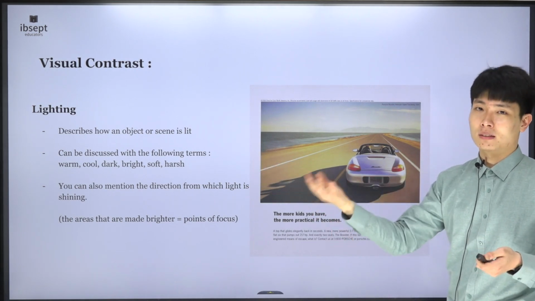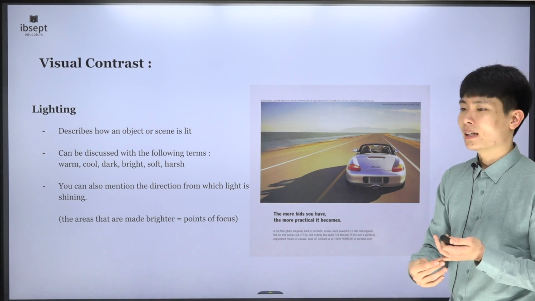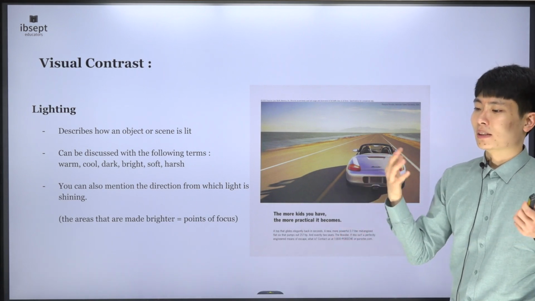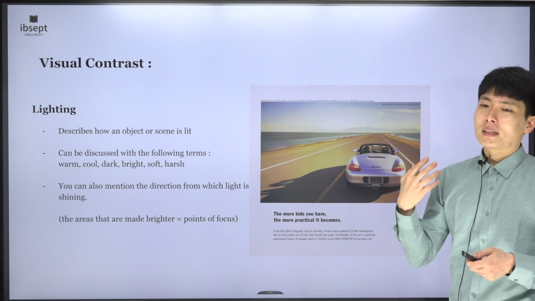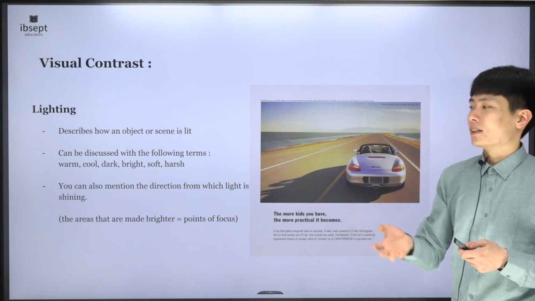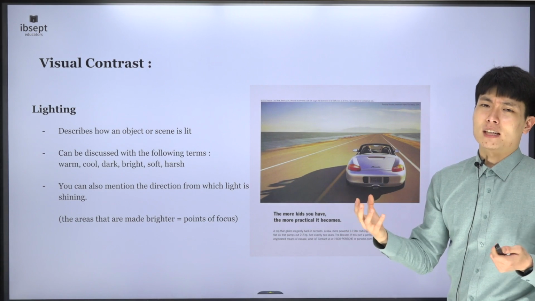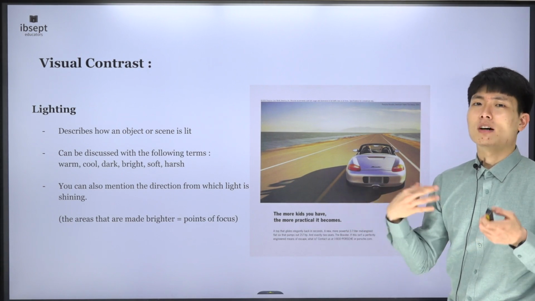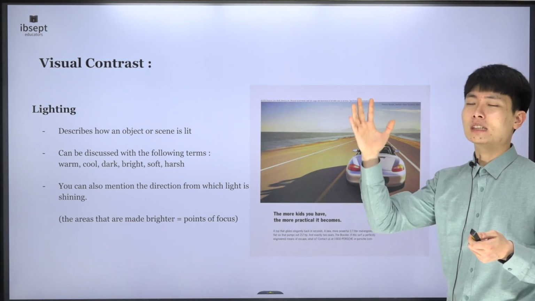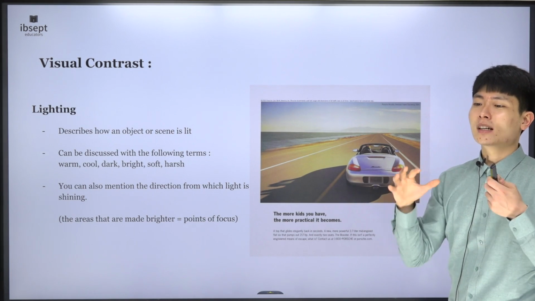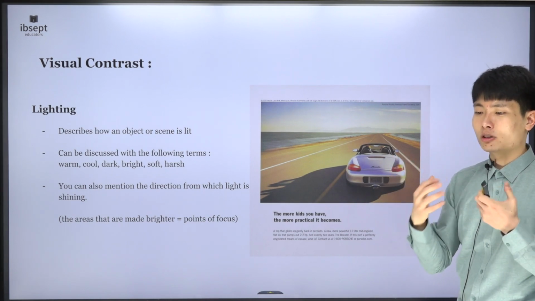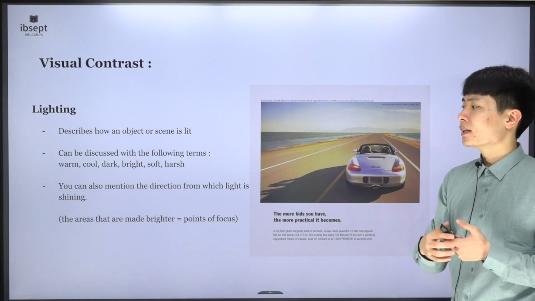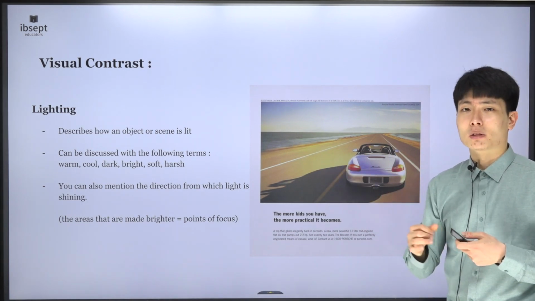Dark and bright, again, very self-explanatory. An image can be relatively dark or it can be relatively bright. And this might be a bit more difficult to understand. You could talk about soft lighting, which means that the shadows aren't as harsh. You see the shadows, but they're not obscuring too much of the detail. So there's not too much contrast going on, whereas harsh lighting would be the opposite.